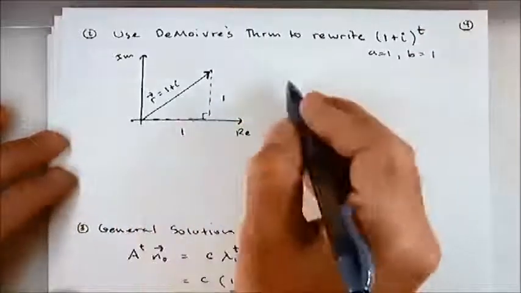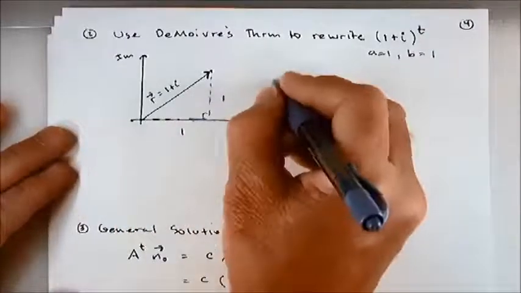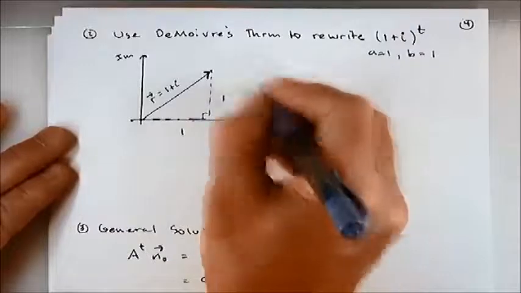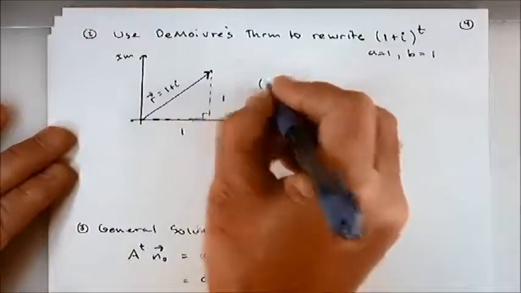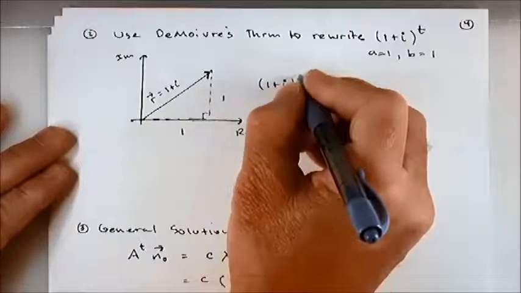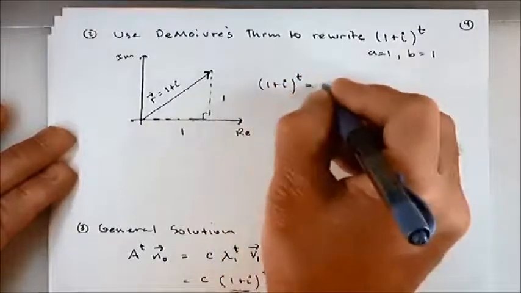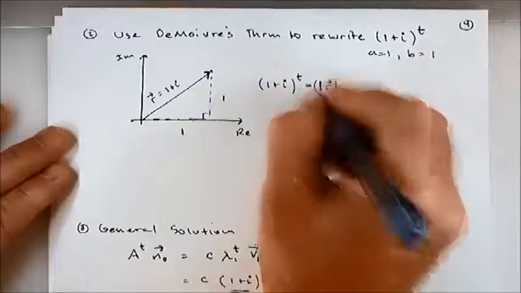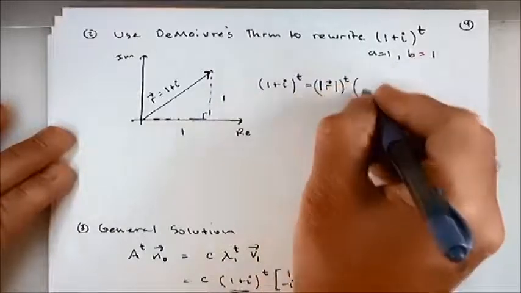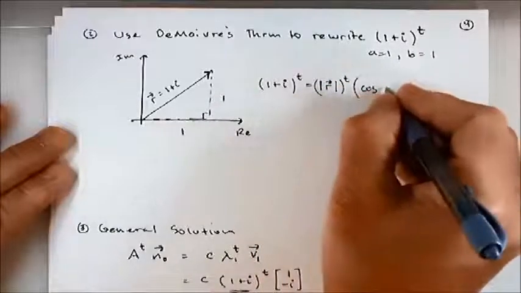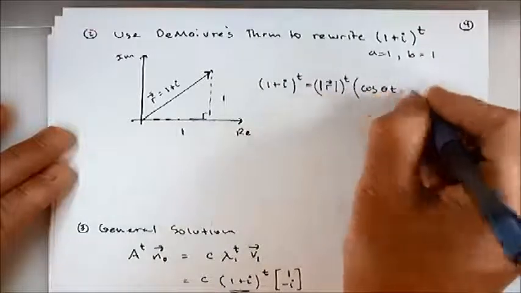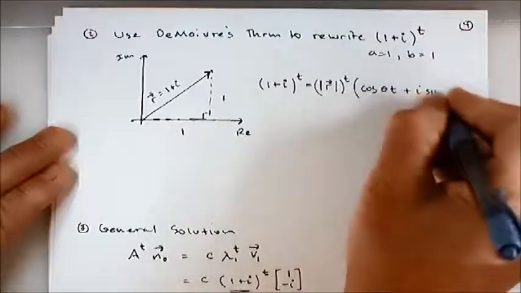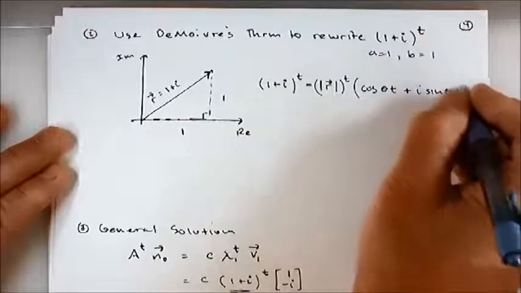And what we saw with de Moivre's theorem is that 1 plus i to some power would be the magnitude of R raised to the t, times cosine of theta t plus i sine of theta t.